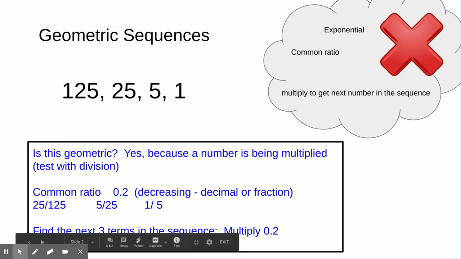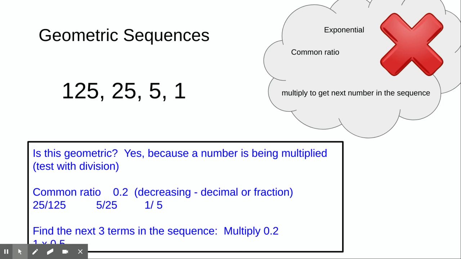That's what you would get if you divide these numbers, and I listed the numbers out for you so that you could divide them in your calculator. So this is decreasing. That's why we got that decimal. So when I multiply 1 times 0.2 or 2/10, I'm going to get that next number in the sequence, okay?